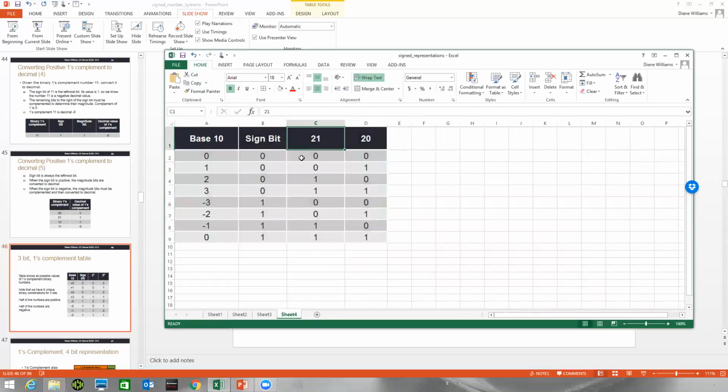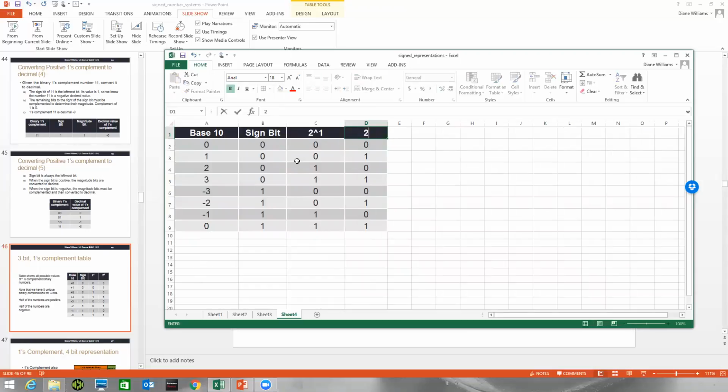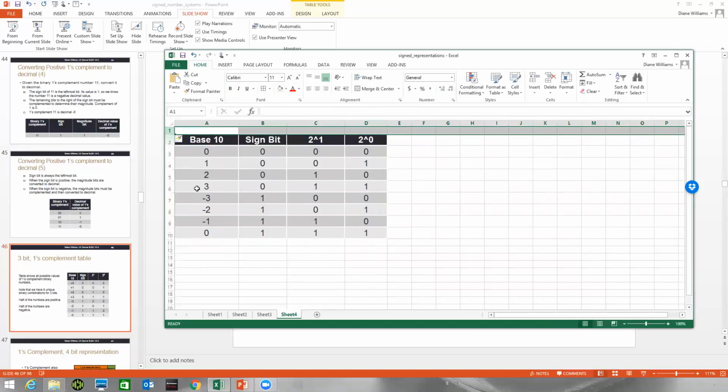And formatting doesn't hold here, so 2 to the 1, 2 to the 0 bit position.